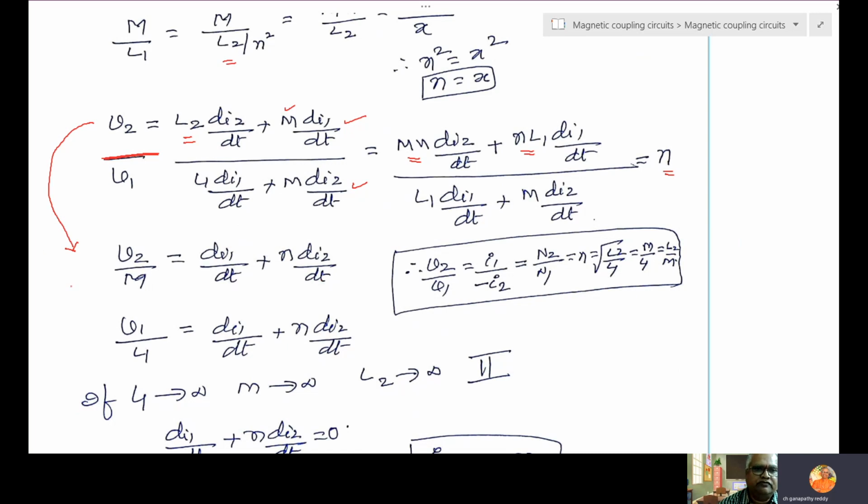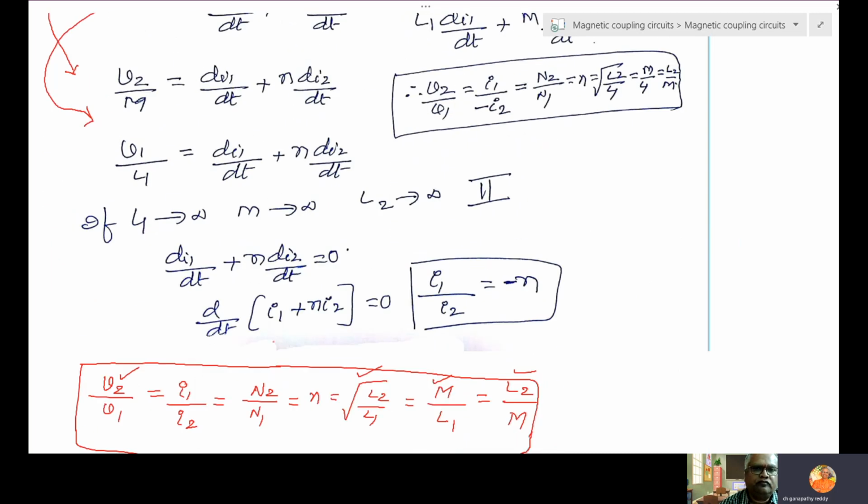Then this equation, this V1 divided with L1: V1 by L1 is di1 by dt plus M by L1, which is N, na, di2 by dt. Now if L1, the self-inductance, is infinite, then this is equal to 0. If this is equal to 0, di1 by dt plus N di2 by dt is equal to 0.